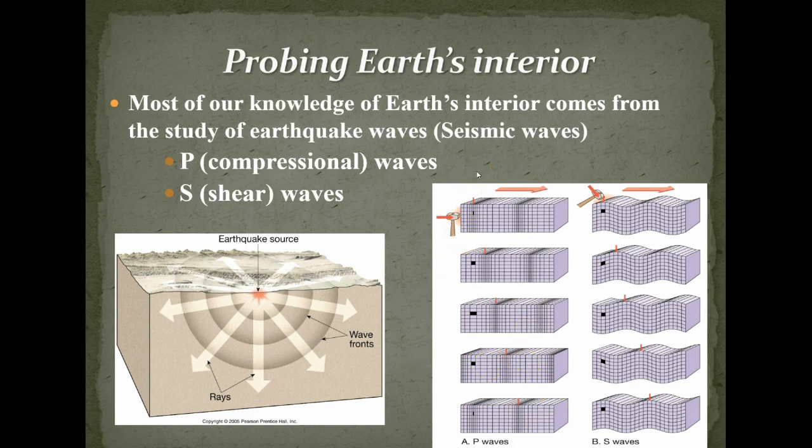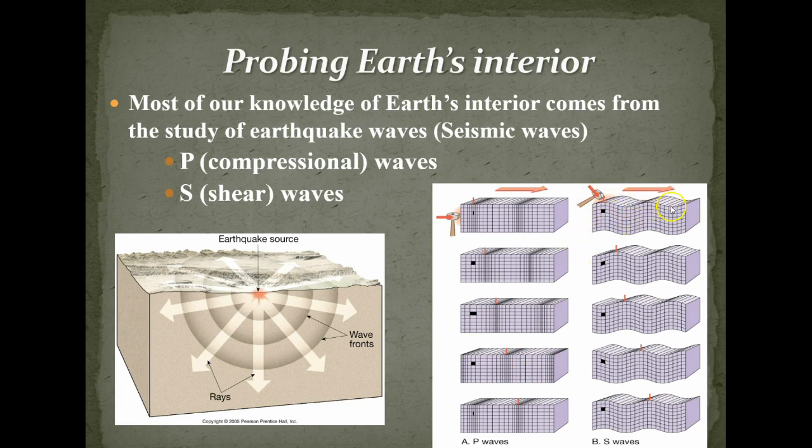The ground doesn't wave up and down like you think of a water wave. Instead, like an accordion, it goes in and out. These darker lines show where the ground is squished together and stretched out in between, and that scrunched up and stretched out pattern travels throughout the ground, if these blocks are representing the ground.